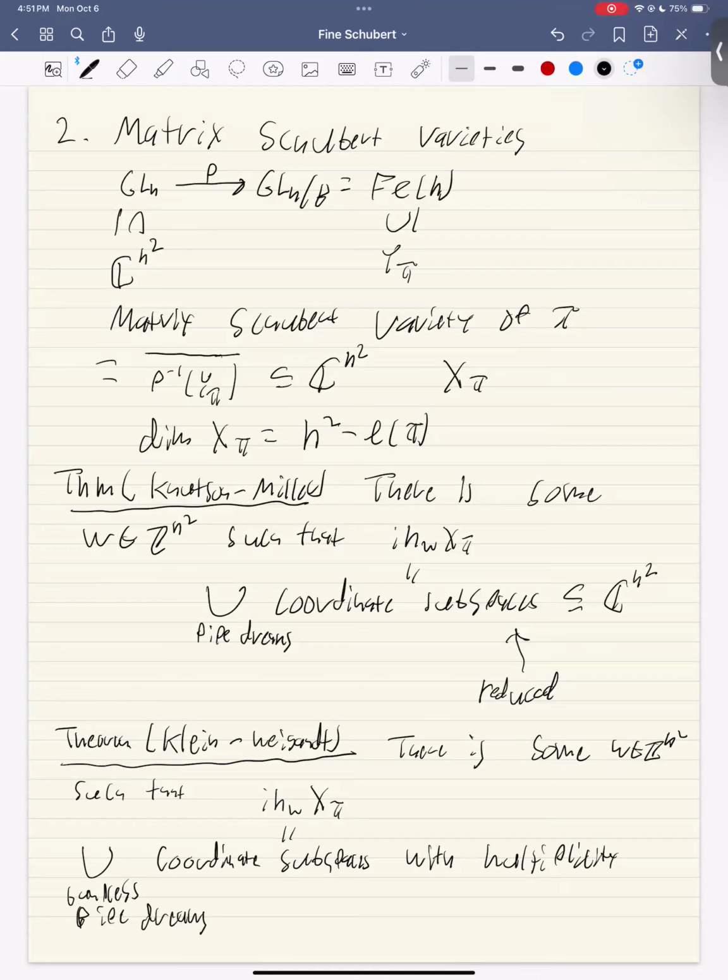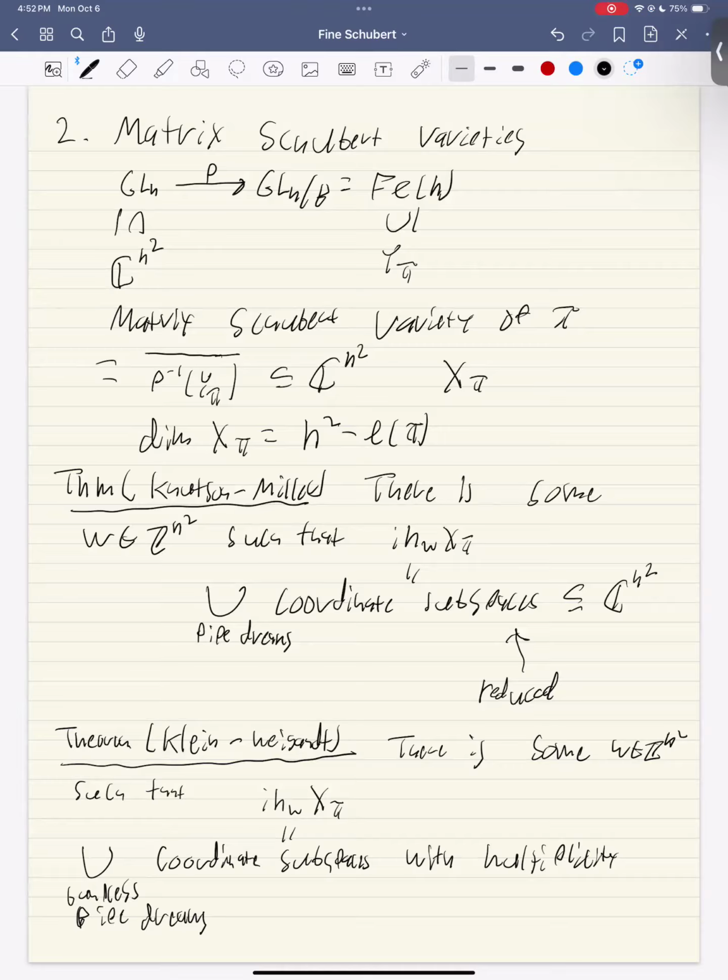In this case, they have some recipe which takes a bumpless pipe dream and produces a coordinate subspace, but different bumpless pipe dreams for the same permutation can give you the same coordinate subspace. So maybe there's some coordinate subspace that occurs like 17 times or something.